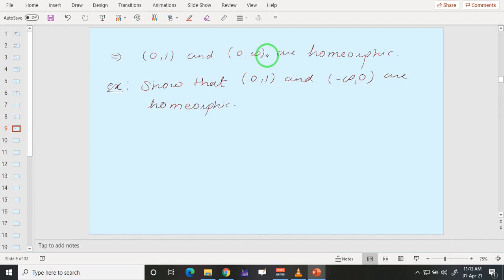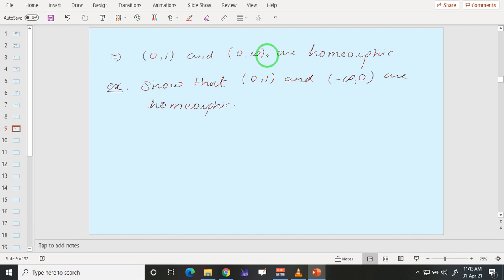So you have to define a function from 0 1 to minus infinity to 0, which is a bijective function, f is continuous and f inverse is also a continuous function. If you can find that, then you can show that 0 1 is homeomorphic to minus infinity 0.